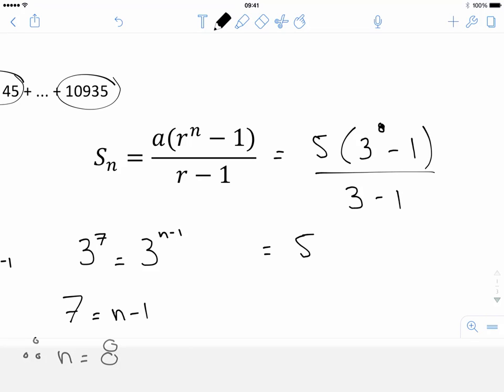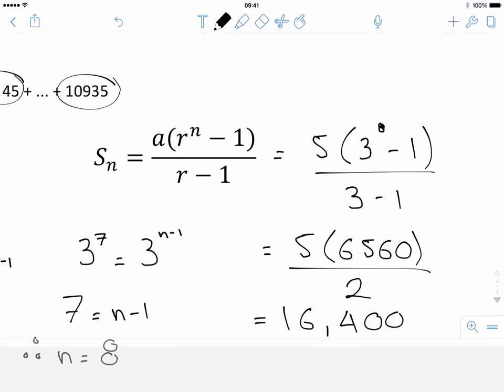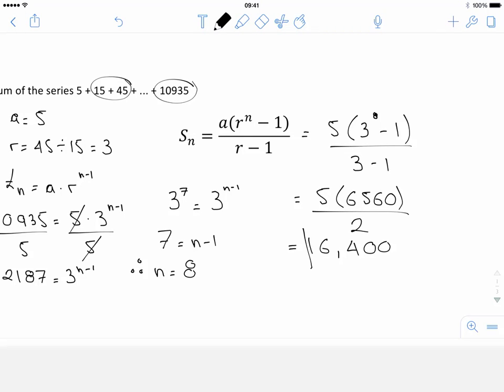So my numerator becomes 3 to the exponent 8 minus 1, which is 6,560. My denominator is 2. And if I do the math, I end up with 16,400. And that is the sum of my geometric series.